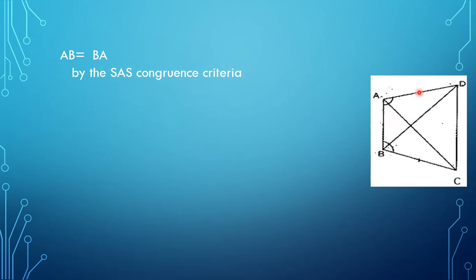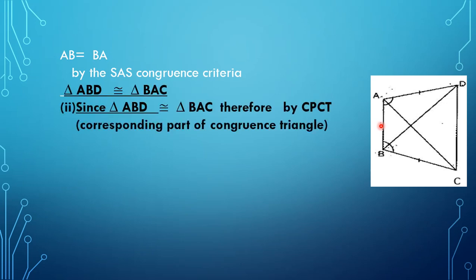So by SAS, the triangles are congruent. Then the corresponding parts of congruent triangles are equal, so we can write BD is equal to AC.